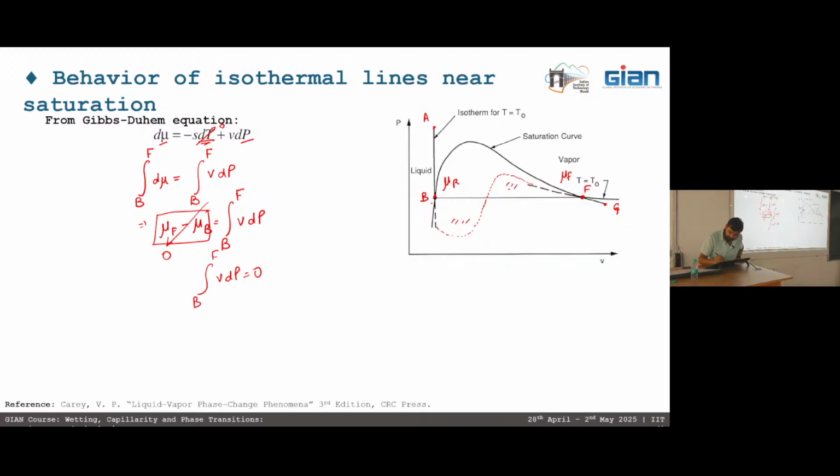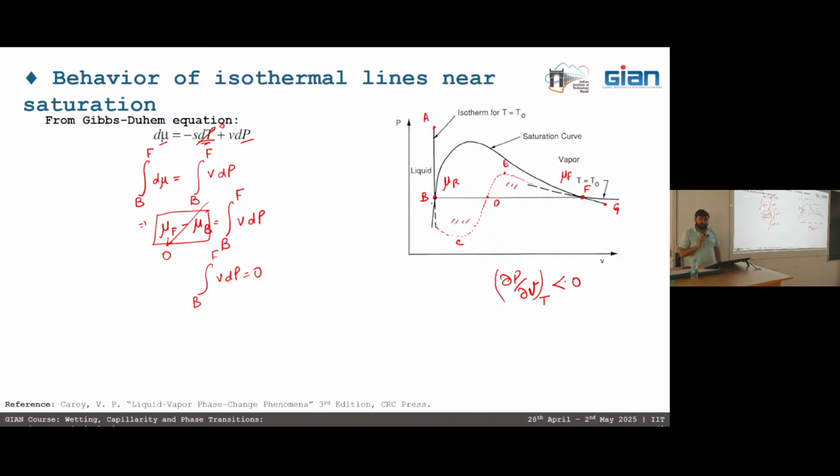This curve I denote by BCD, and this is a point E, right? Now we have also discussed in the previous slide that for the system to be stable, del P by del V, written in terms of specific volume at constant temperature, must be less than 0.